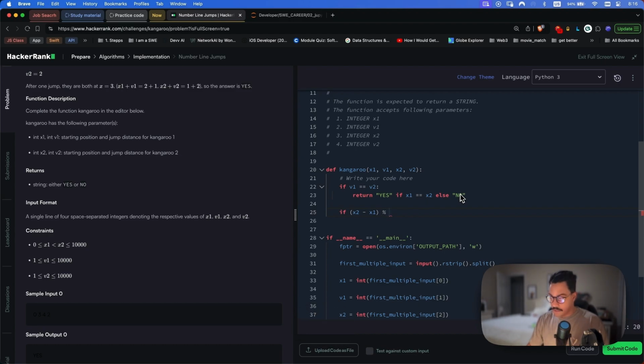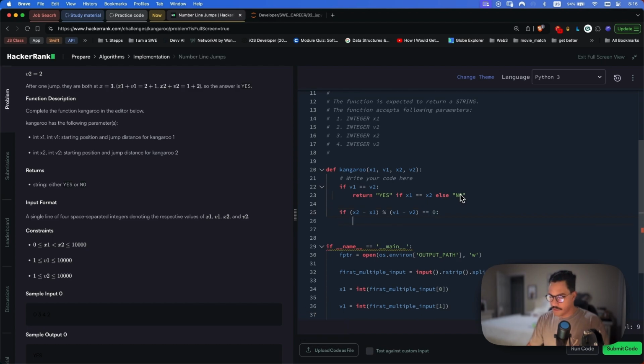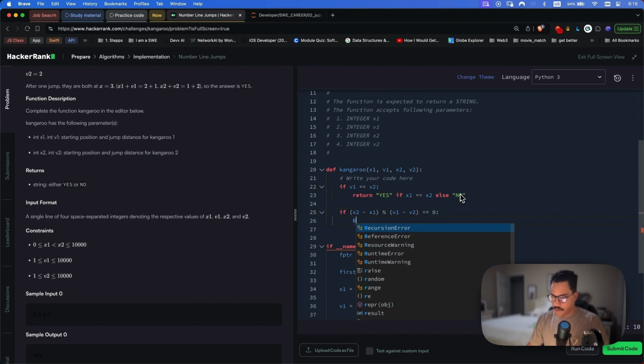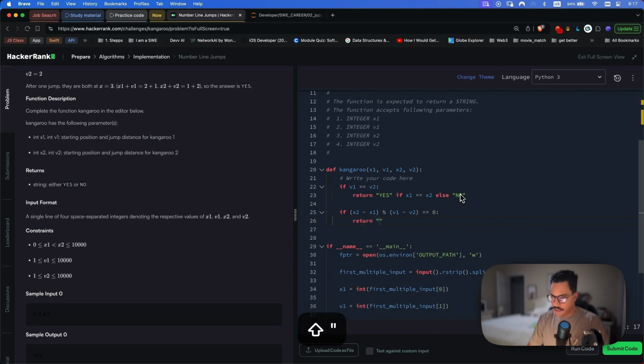I think I'm missing something here, but assuming that the second kangaroo is always ahead of the first one, and the first one, for it to catch up, has to be faster than the second one, right? And that's all we're doing here. If this condition equals 0, so if it's a multiple, then we're going to return yes.